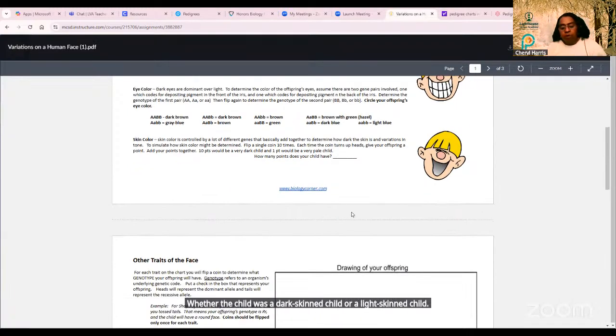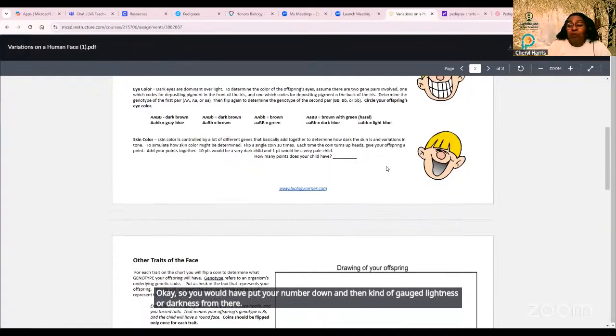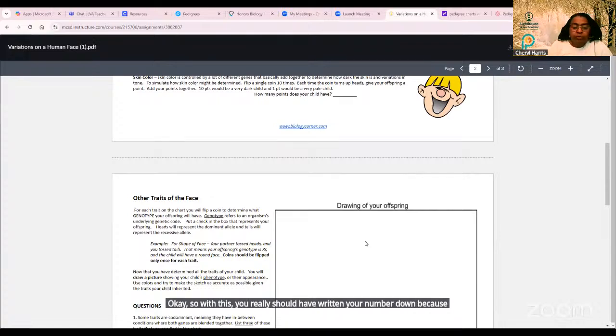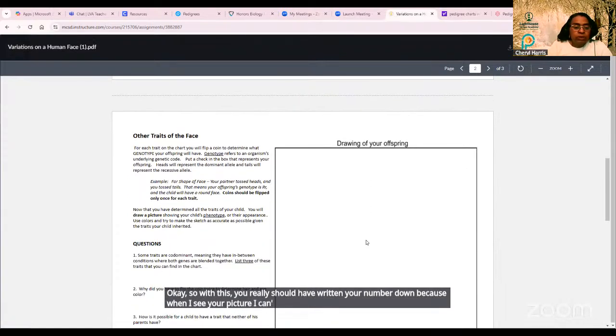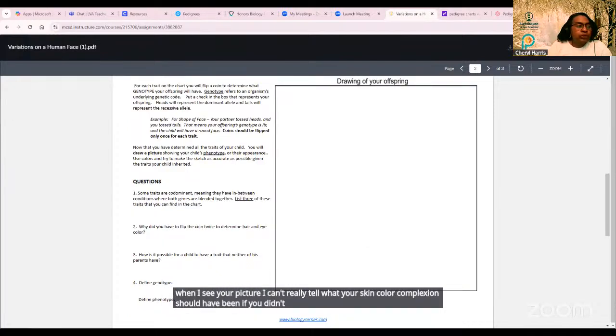So you would have put your number down and then gauged lightness or darkness from there. You really should have written your number down, because when I see your picture I can't really tell what your skin color complexion should have been if you didn't let me know what the number was.